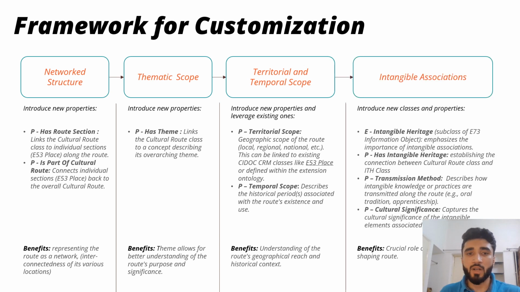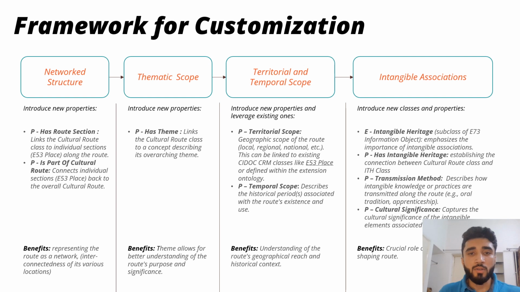Then coming on to the last part, which is intangible associations, the most important part of cultural route. So in this, a class intangible heritage, which is a subclass of E73 Information Object of CIDOC CRM, which we took up as a foundational class from the existing ontology. Then another property has intangible heritage will link the cultural route class to the intangible heritage class, establishing the connection.